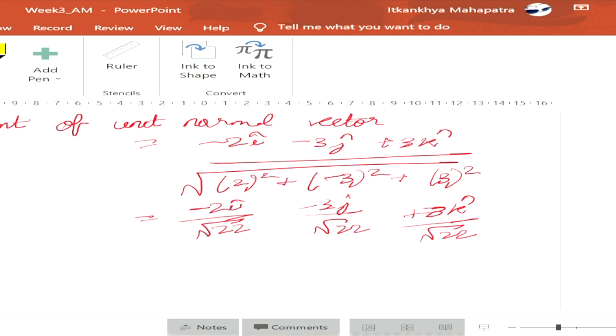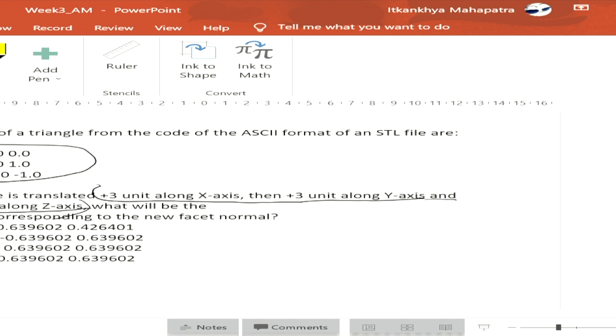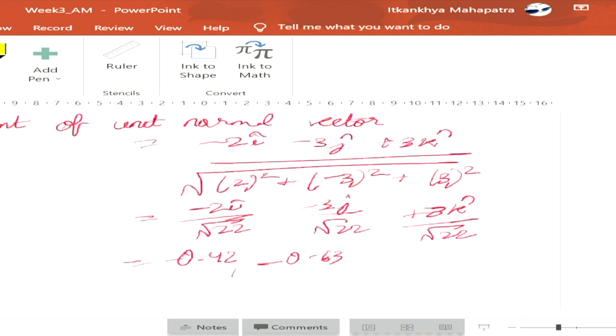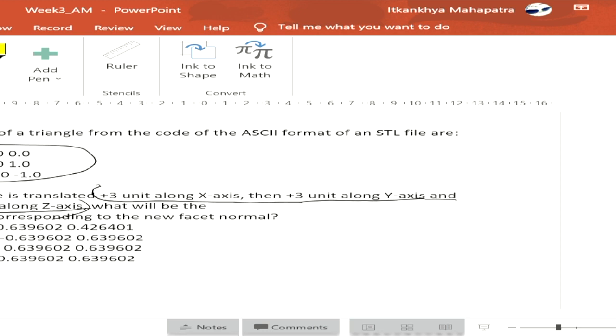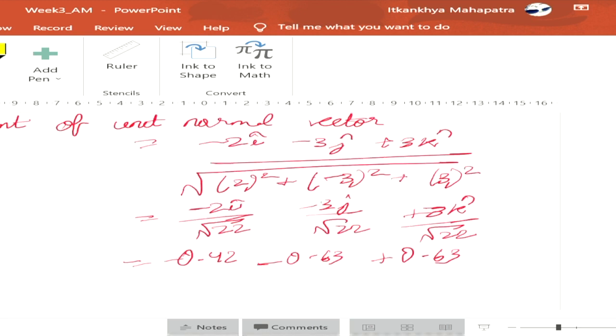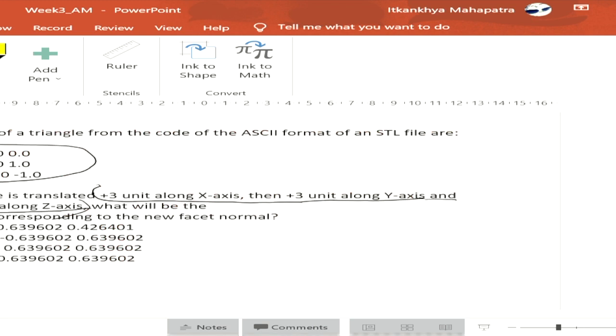Okay, now upon solving this we will get minus 0.42, minus 0.63, plus 0.63. Now according to the options, minus 0.42, minus 0.63, plus 0.63, option 2 is the correct answer.